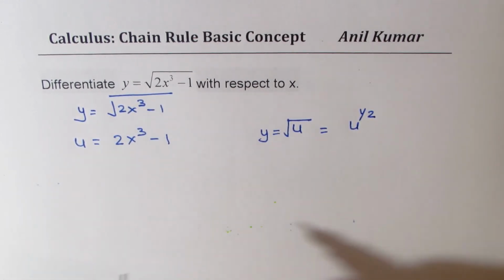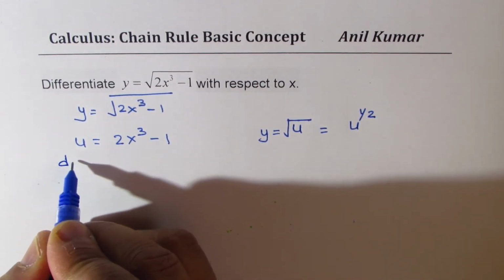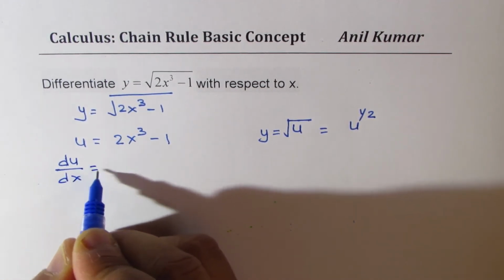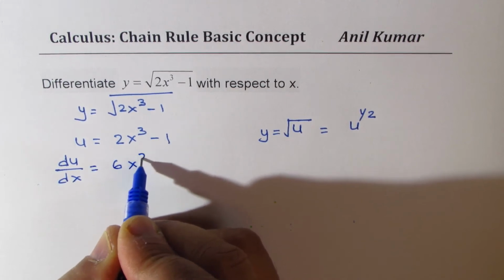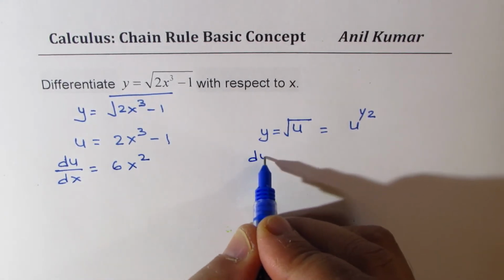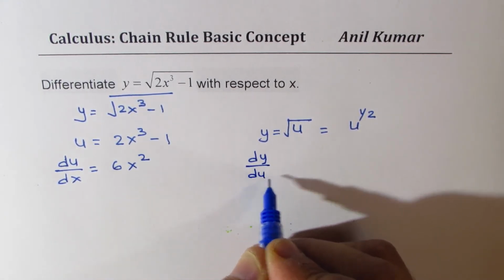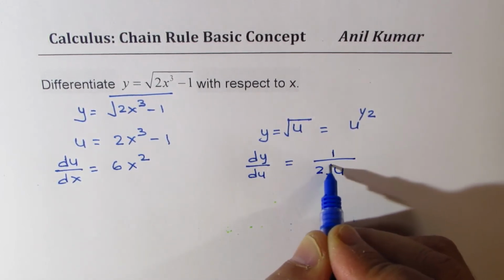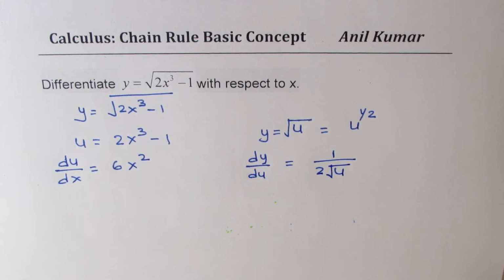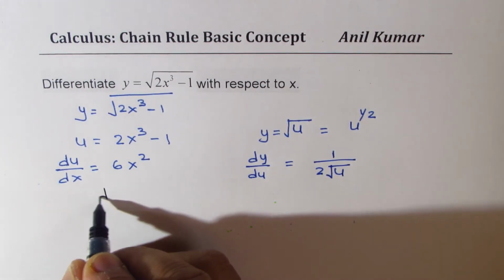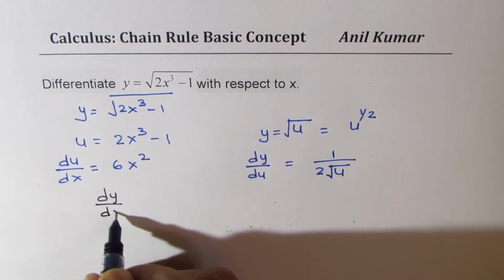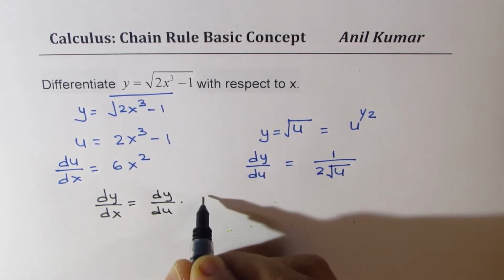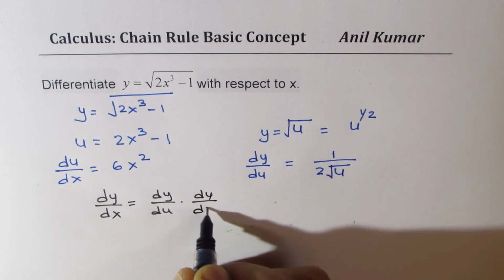Now differentiating with respect to x, since it is a function of x, we get 6x squared, and differentiating with respect to u, we get 1 over 2 square root u. Okay? Now what is dy dx for us? So dy dx is dy du, chain rule, times du dx.